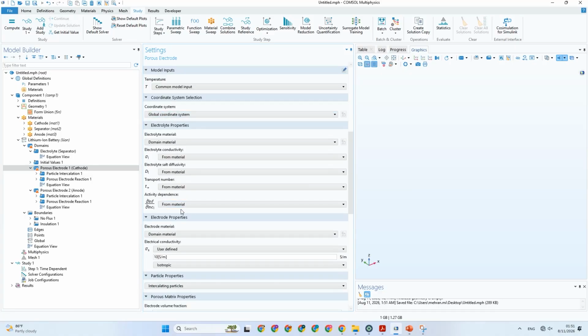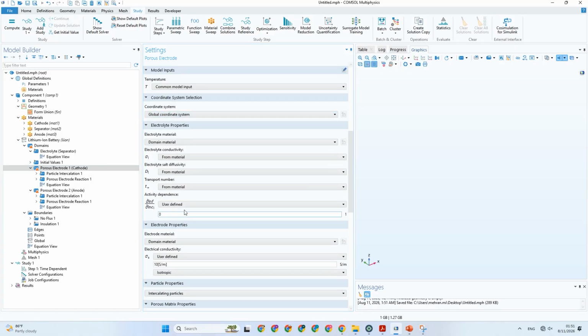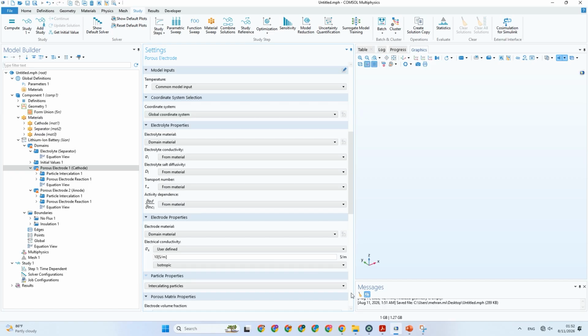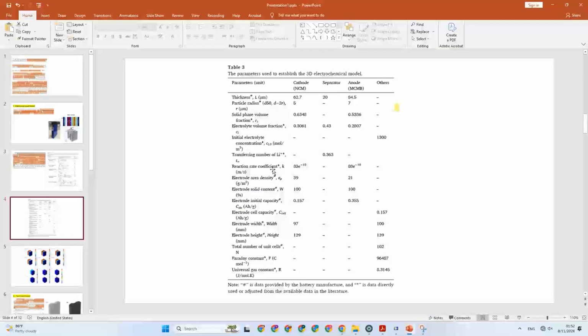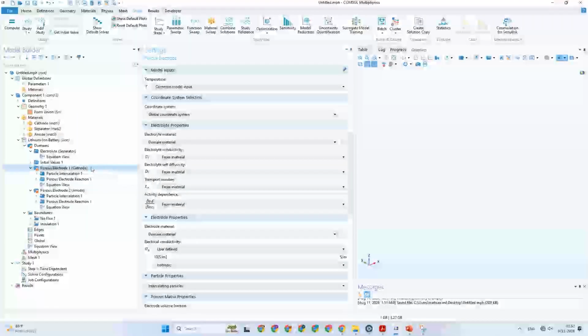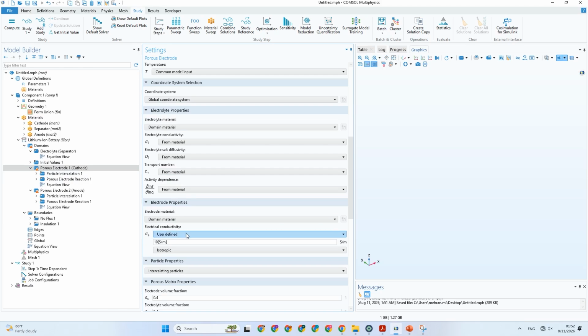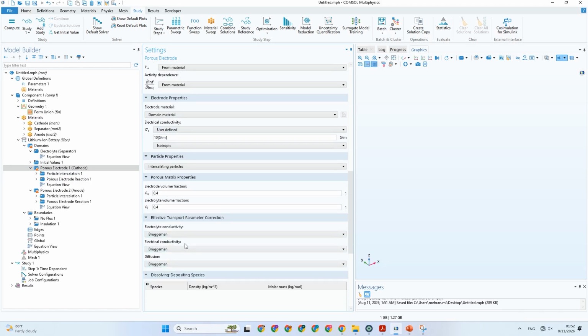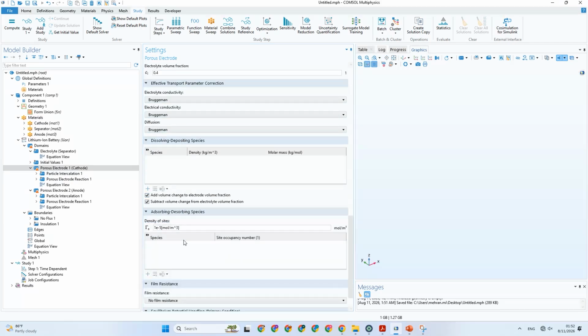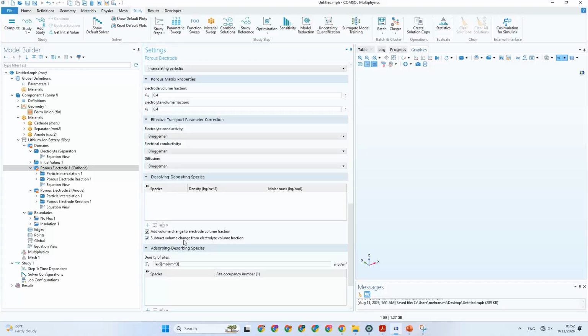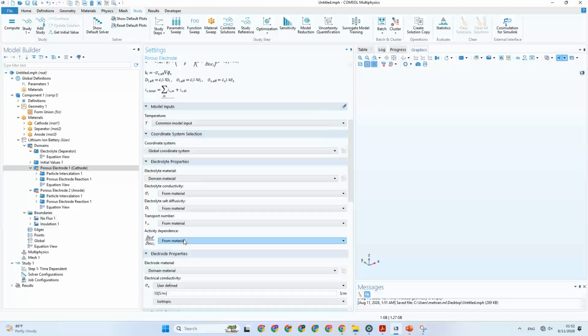Maybe I should use user defined, no. And what is the unit? Meter per second, okay. Let me see that, meter per second. Nothing here, nothing there.